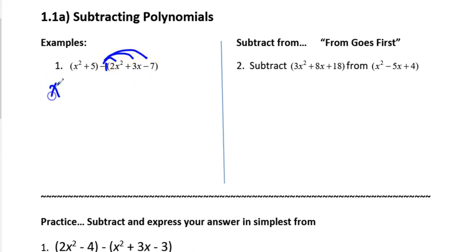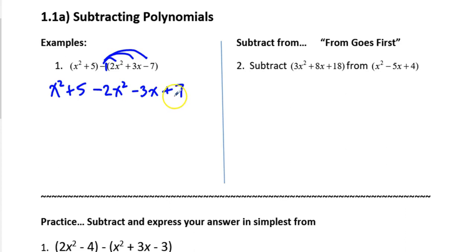So I've got x squared plus 5, and then I'm distributing that negative, so I end up with a -2x squared minus 3x, and now keep in mind, you're doing a little self-talk here, so you're saying negative times positive, negative times positive, negative times negative. Okay, so we know that's a positive.